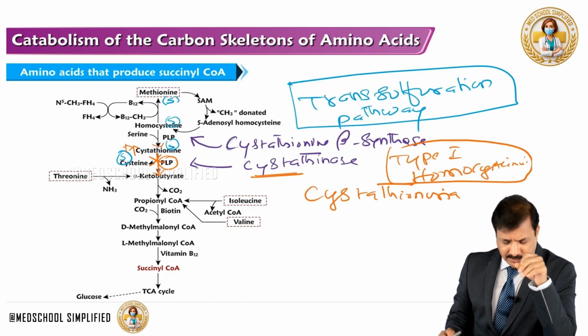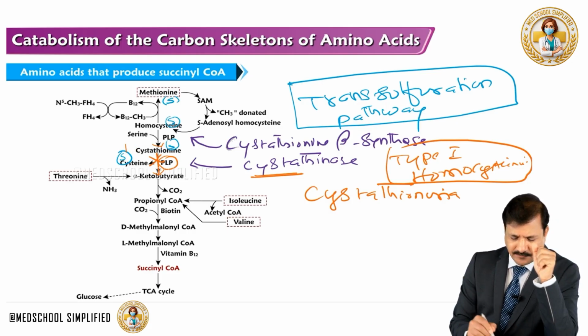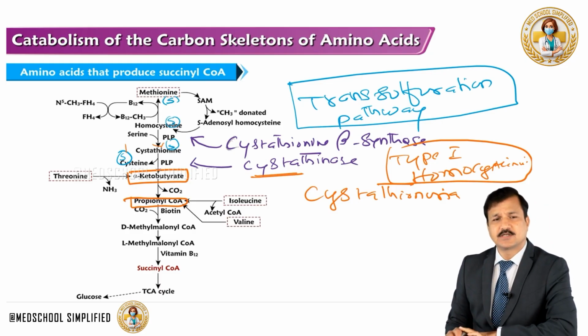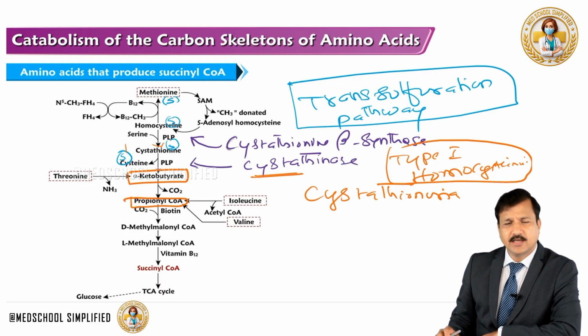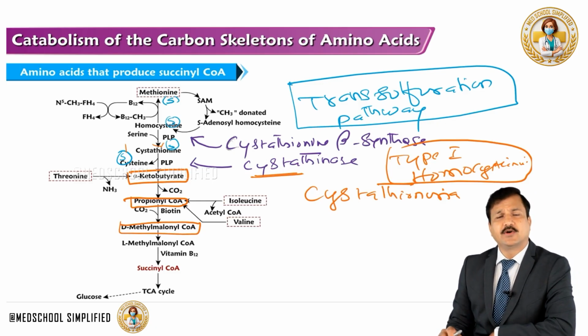Now let's continue to see what will happen to the alpha-ketobutyrate that is made in this process of conversion of methionine all the way into cysteine and alpha-ketobutyrate. The alpha-ketobutyrate, as shown, will become propionyl-CoA after a decarboxylation process, and the propionyl-CoA, a 3-carbon molecule, will be converted into methylmalonyl-CoA by propionyl-CoA carboxylase.